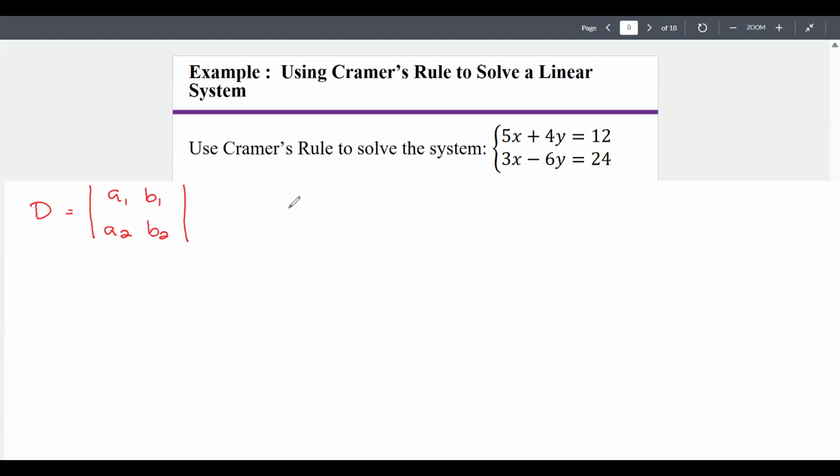Then we want dx, which is c1, b1, c2, b2. I said 1 but I wrote 2. Then we want the determinant for this y part, which is going to be our a's: a1, a2, and then c1, c2.